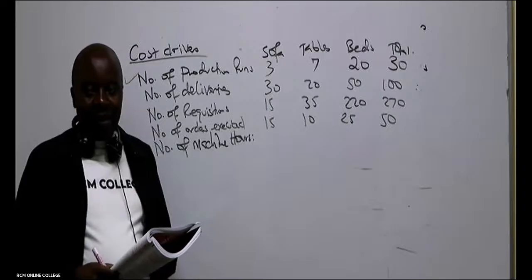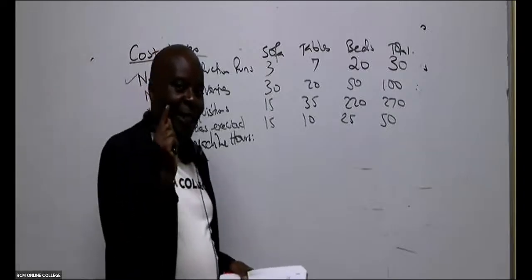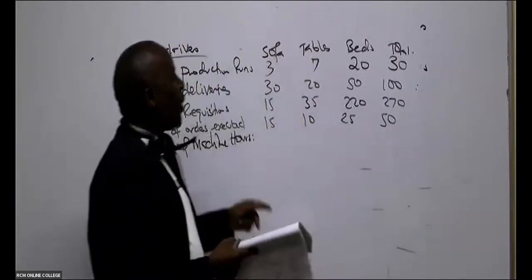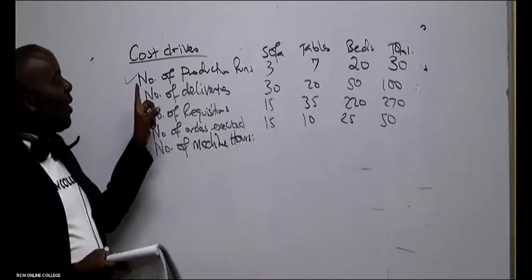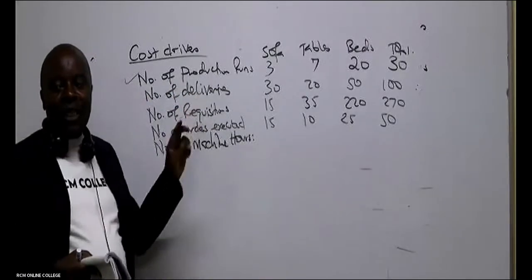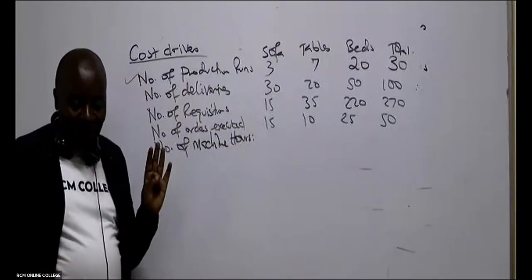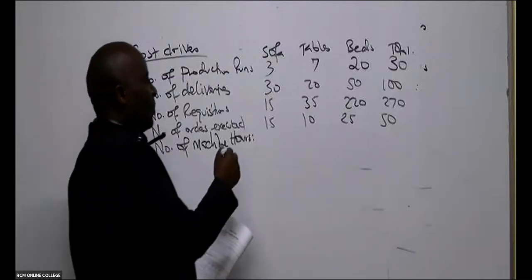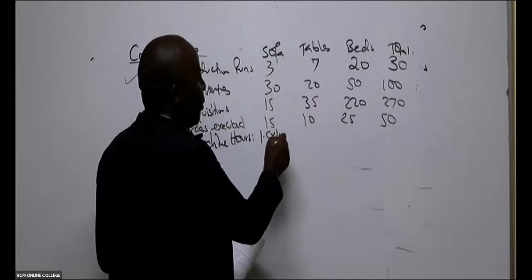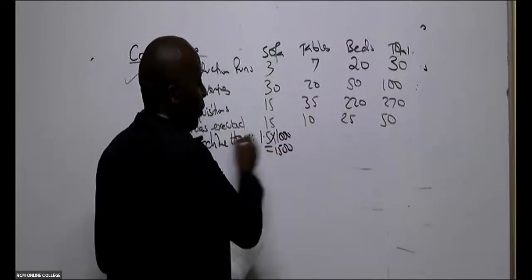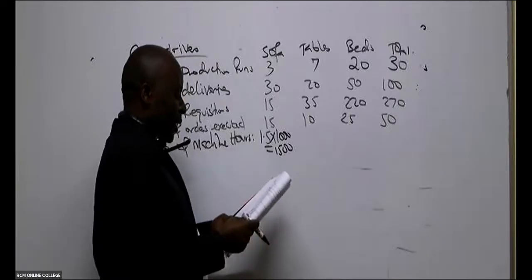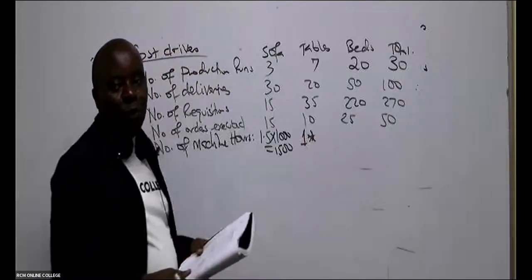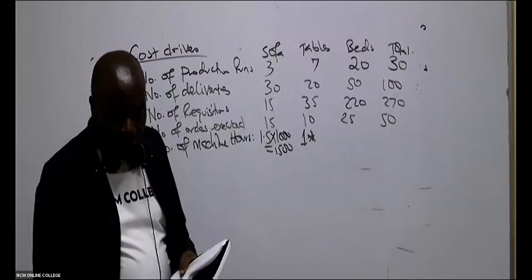When they say machine hours per unit, you must always multiply with the number of units. Don't forget that. These ones I never multiplied because they never told us per unit; those are given as lump sums, so I will not multiply them at all. But for the others, like these machine hours, I can see 1.5 per unit, so times 1,000, which is 1,500. For tables, machine hours per unit is 1, times how many tables are we going to produce? 2,000, isn't it?